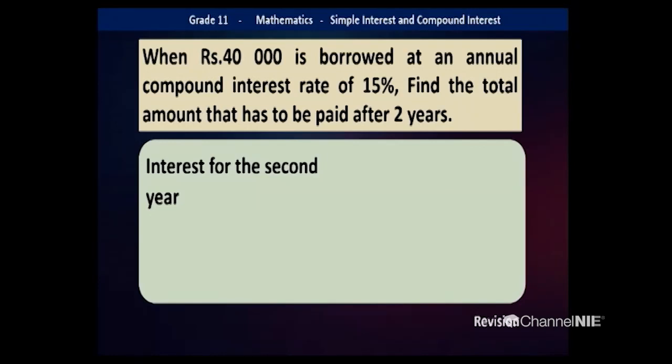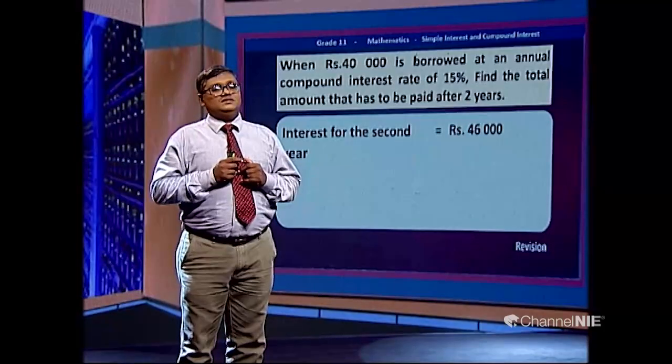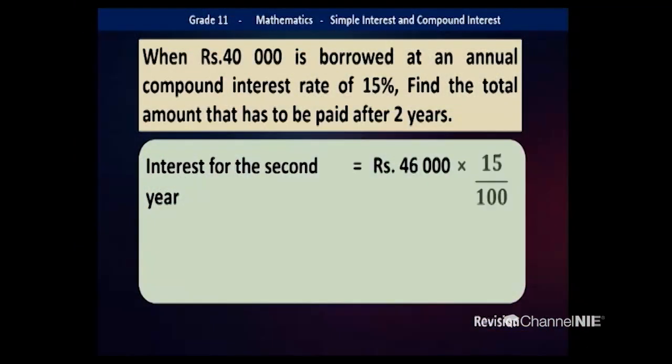Then the second year amount is 46,000. Then you apply the same interest rate, 15 upon 100. You divide 46,000 by 100, and the answer is 460. 460 multiplied by 15 is 6,900.